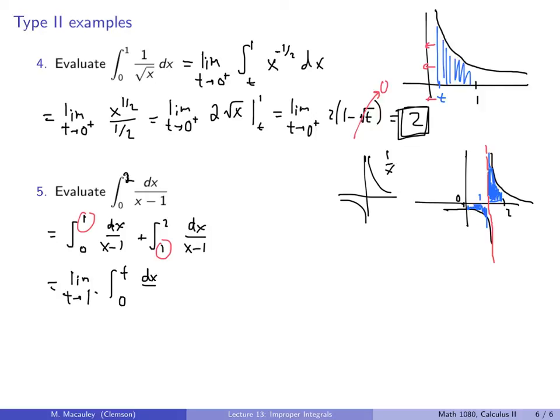Sorry about this today. I don't know why I keep saying the wrong things. Plus the limit as t goes to 1 from the right-hand side of the integral of dx over x minus 1.